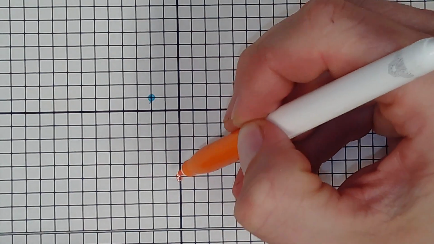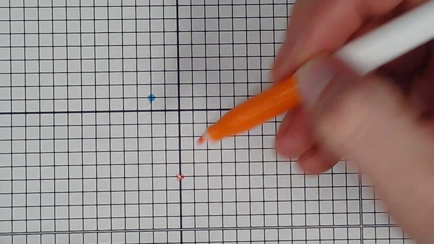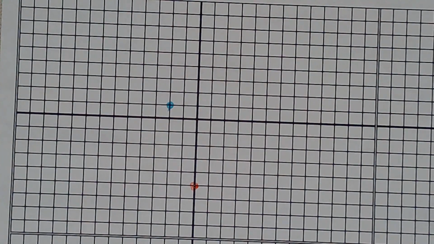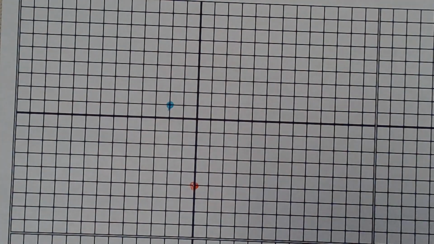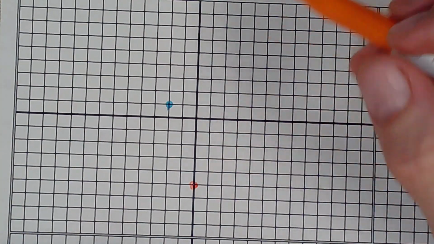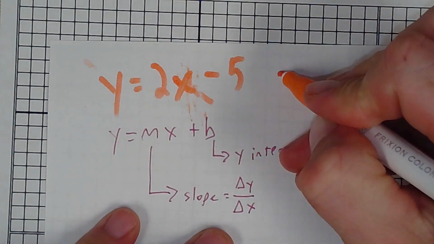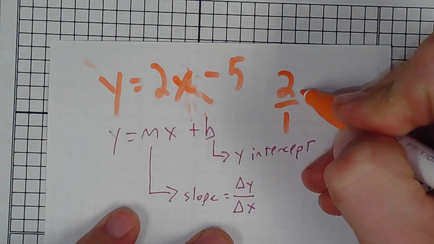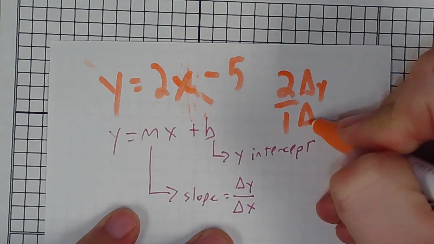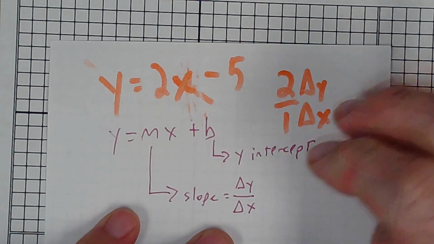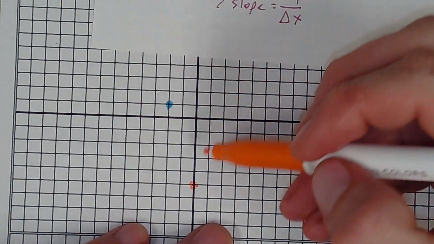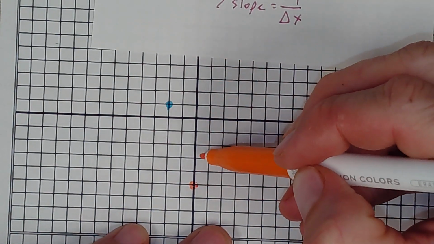Y equals -5 is where this line is going to cross. We also know that it has a slope of 2, which is also 2 over 1, change in y over change in x.